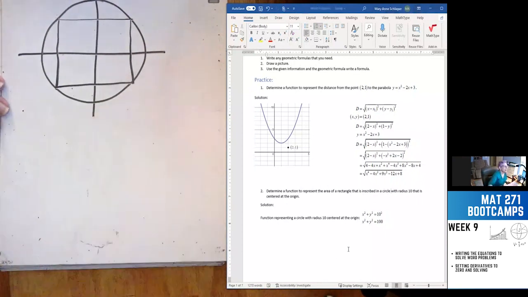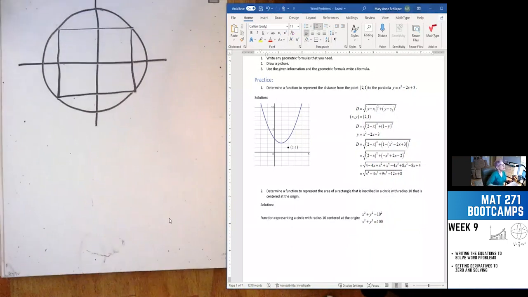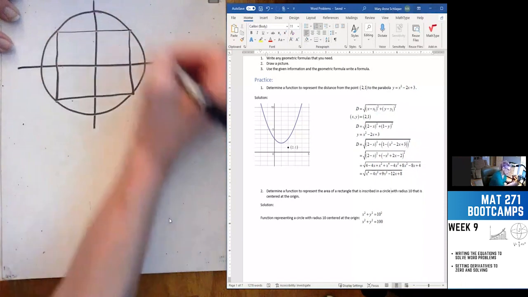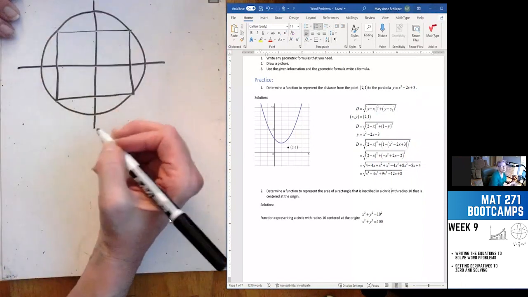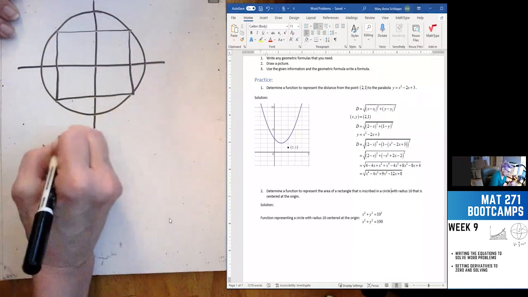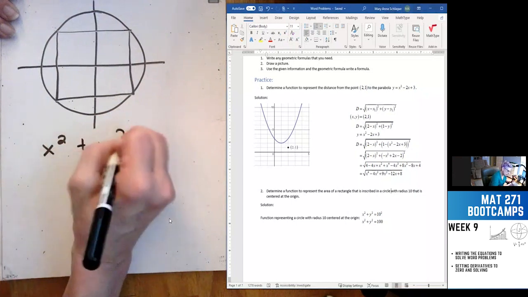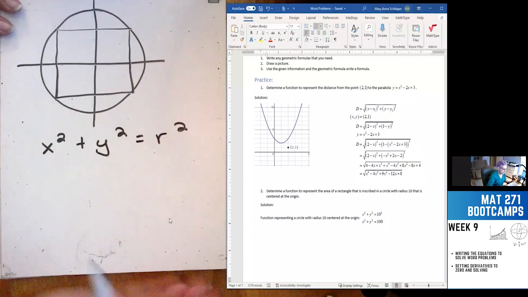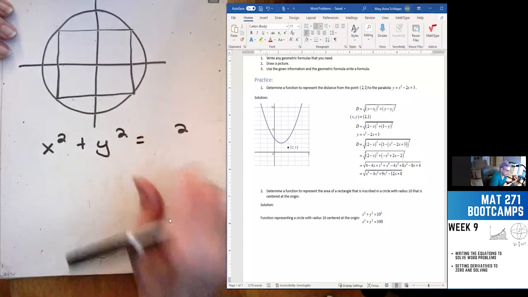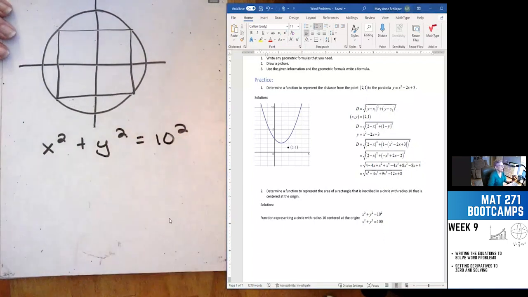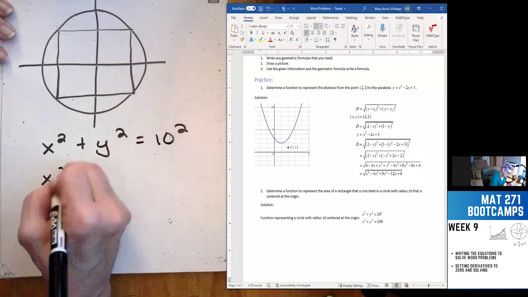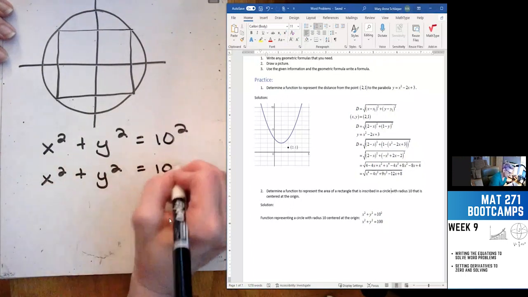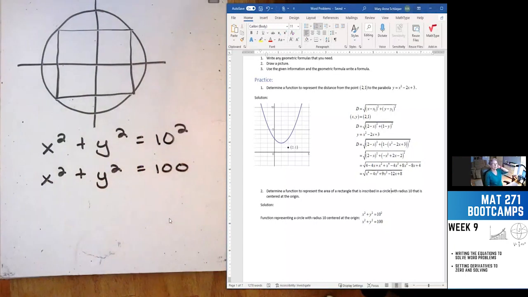Perfect. Okay, so hopefully you remember from your pre-calculus class that the formula for a circle centered at the origin with radius 10 is x squared plus y squared equals r squared. And since the radius is 10, that's 10 squared. So x squared plus y squared is equal to 100.